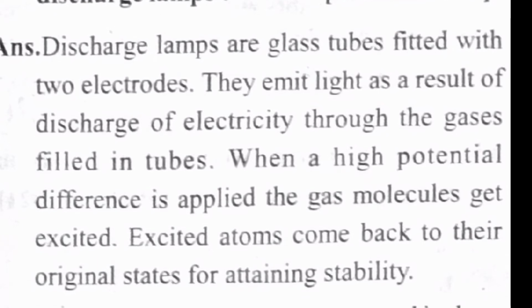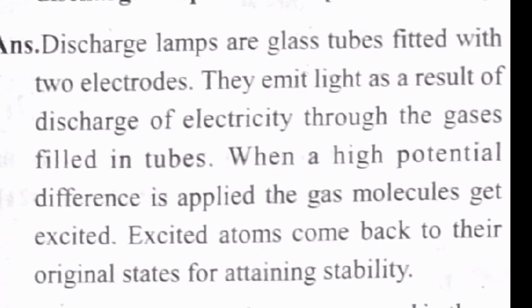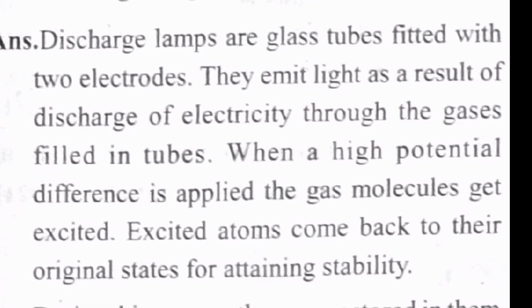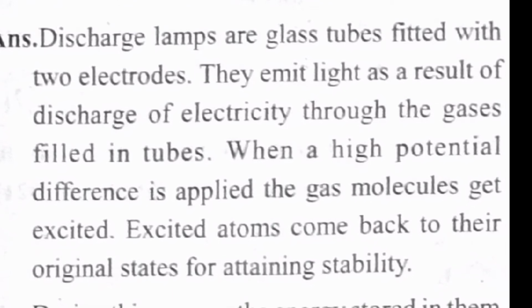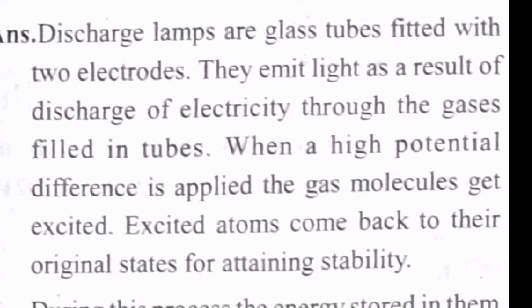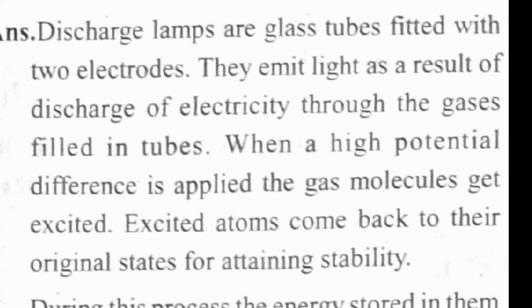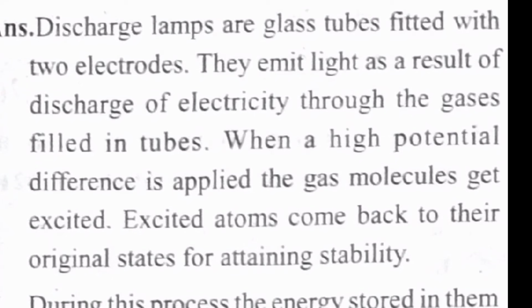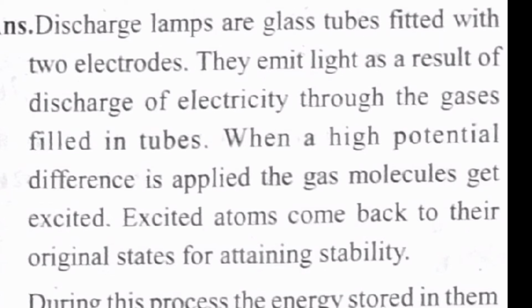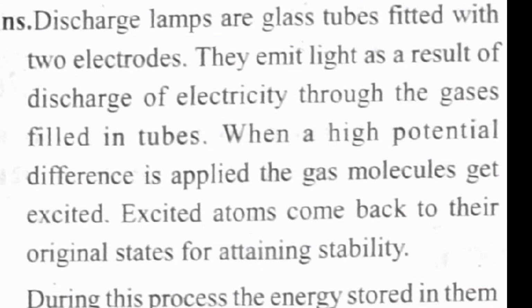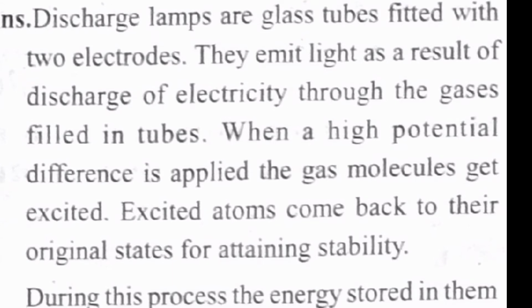The gas molecules will get excited, and these excited atoms will have a tendency to attain stability. So they will come back to their original state. When they come back to the original state, the energy stored in them will be radiated as light. Depending upon the difference in the energy levels, different colors of light and radiations will be emitted.